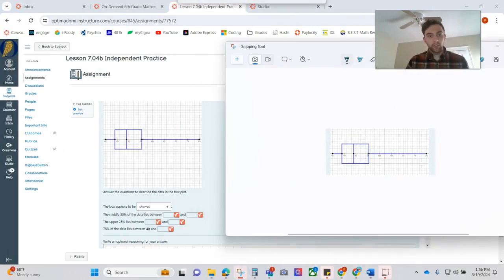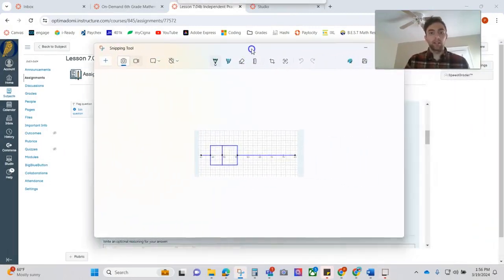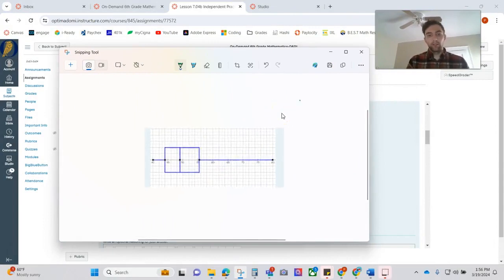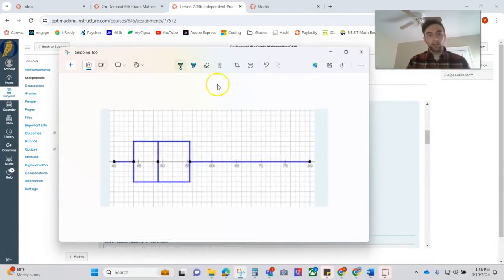Now our next question is, the middle 50% of data lies between blank and blank. On a box and whisker plot, each section, each whisker, each box represents 25% or a quarter of the data.